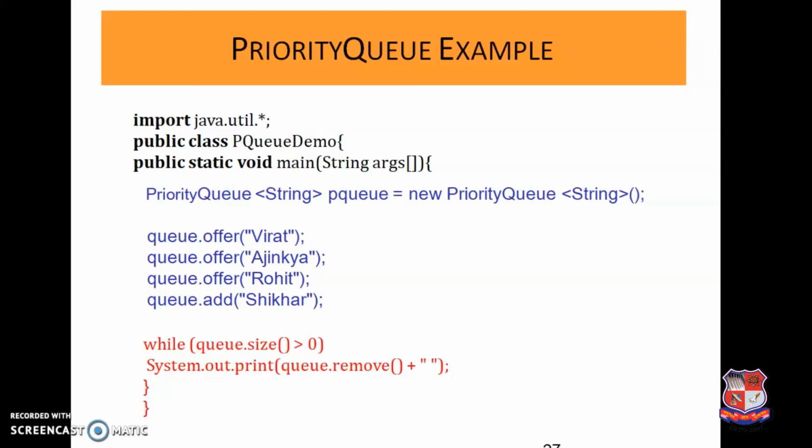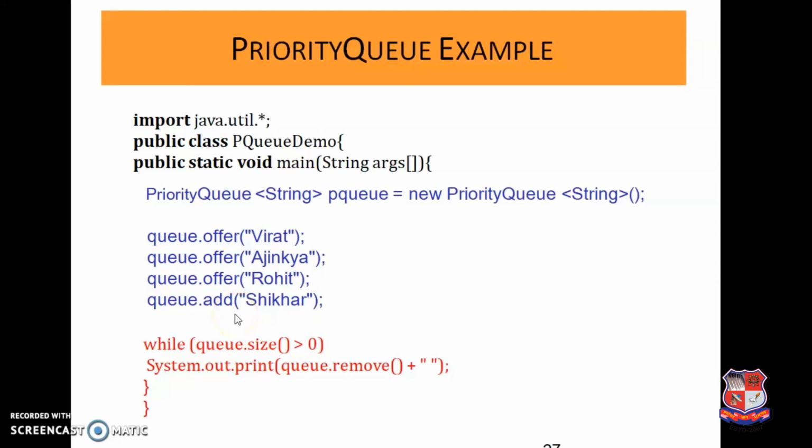Now we can take an example of PriorityQueue. If we want to implement a priority queue, we need to use the PriorityQueue class. So we are defining a PriorityQueue object, which will hold a collection of strings. We can use the offer method for inserting elements into the queue. We can also use the add method.